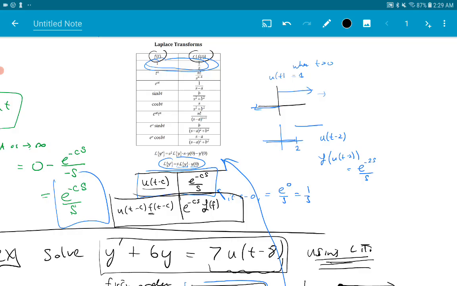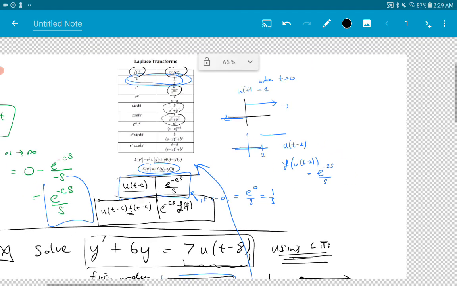If f was a sine function, you'd use the sine formula. If the f here was a cosine, you'd use the cosine version. If the f here was like a t squared, one of these polynomials, you'd use that formula.